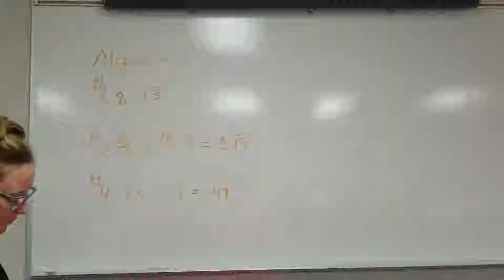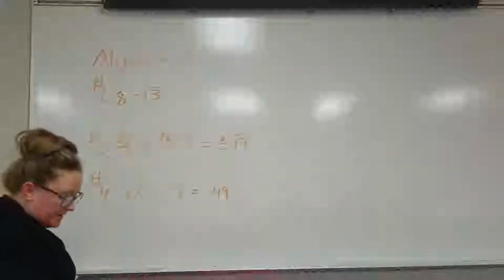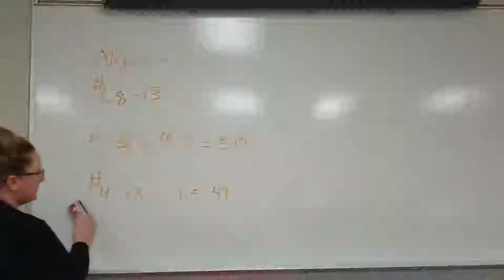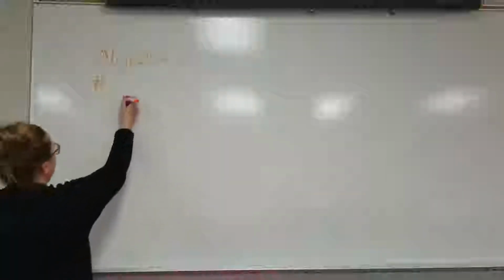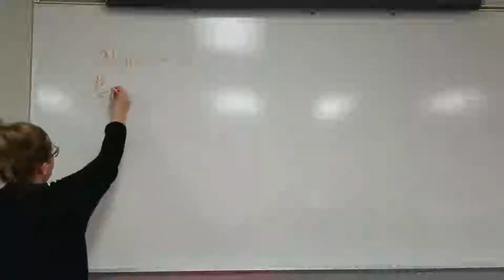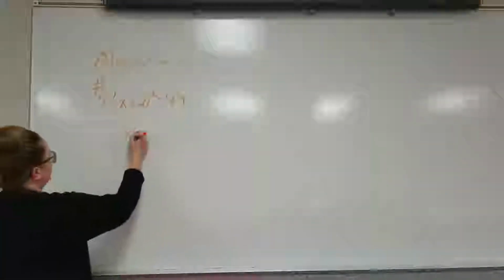And then problem number 5. Let me erase these real quick. Number 5, they say, if x plus 2 squared equals 49, then this equals x plus 2 and 7.